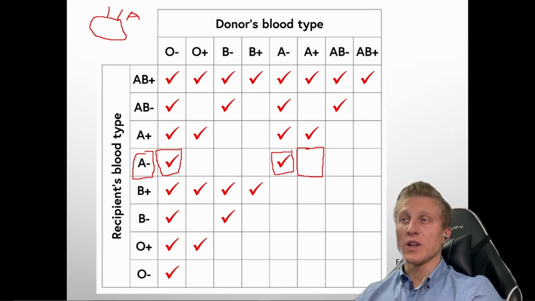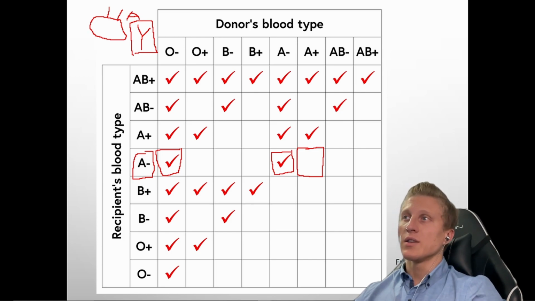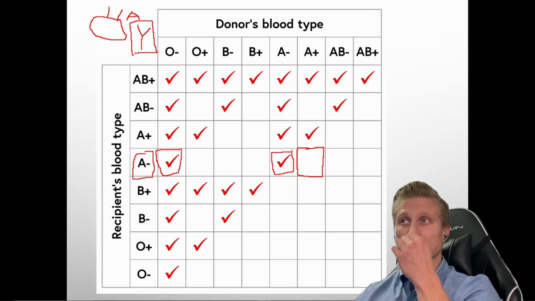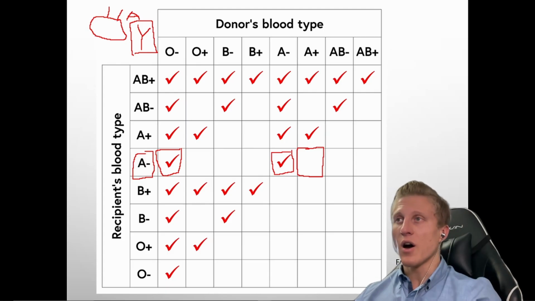So that means we are at risk of developing antibodies against RH upon exposure. Sometimes this can happen with the first reaction. It certainly will happen with subsequent reactions. Since we don't naturally have RH antigens on our red blood cells, we are at risk of developing anti-RH antibodies on exposure.